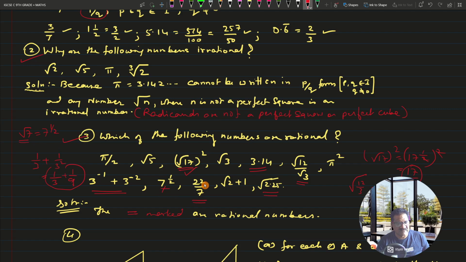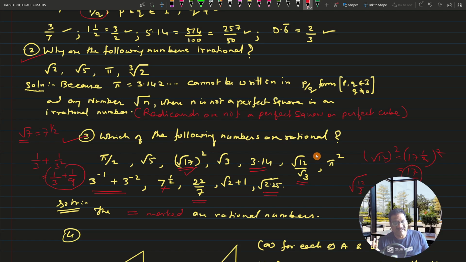22 upon 7, of course it is a rational number because 22 is an integer, 7 is an integer, moreover 7 is not equal to 0. So it is satisfying the definition of a rational number. So 22 upon 7 is a rational number, right? Now don't get confused. 22 upon 7 many a time we use for substituting for pi.